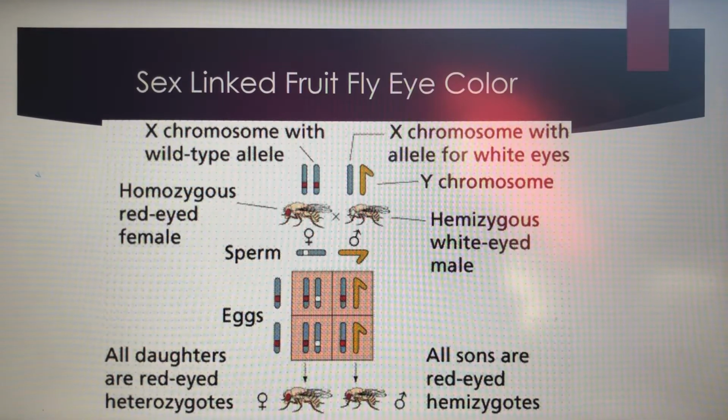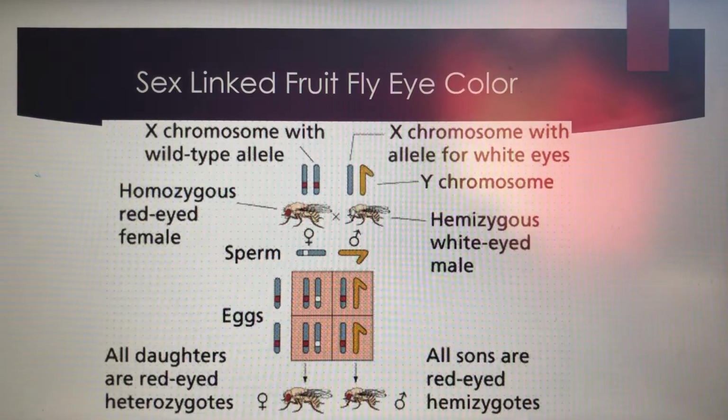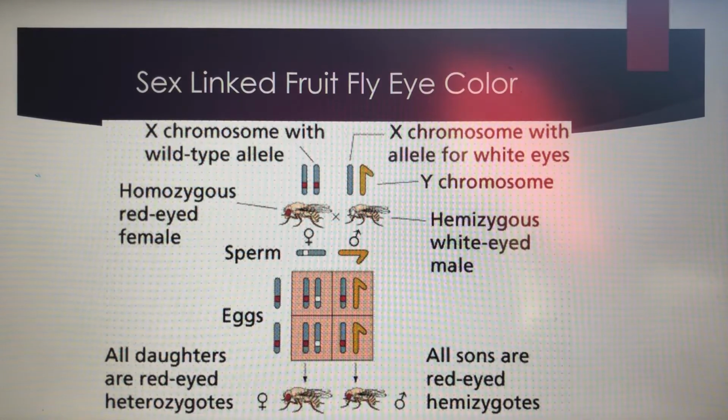And again, you can tell that this is sex-linked because, in this case, the dad, if we're going to reverse this, the dad has the white eyes. So look how things will change, okay?